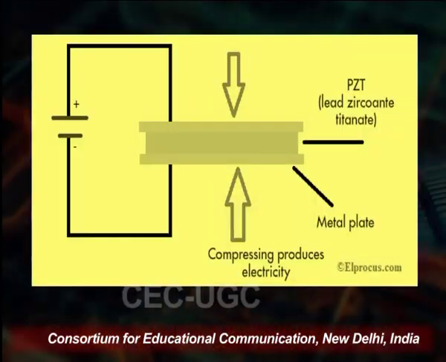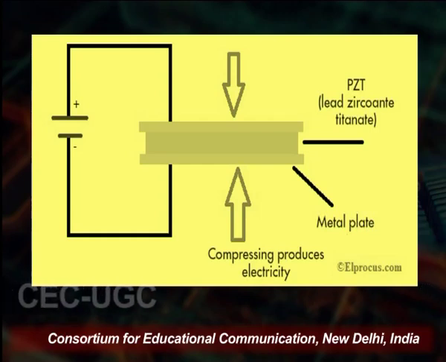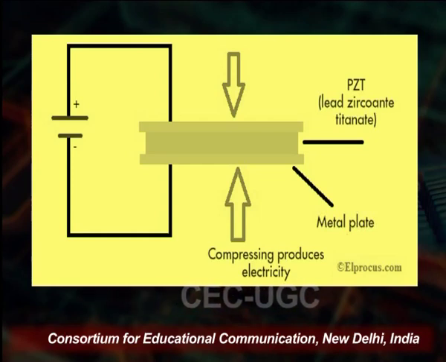Here we have the piezoelectric material, and you see on the screen that there is a metal plate, and in between there is a piezoelectric material, lead zirconate titanate, which produces electricity by compression, and that will be recorded through the battery. So there will be a voltage potential generated across the material, and that produces the electric charge.